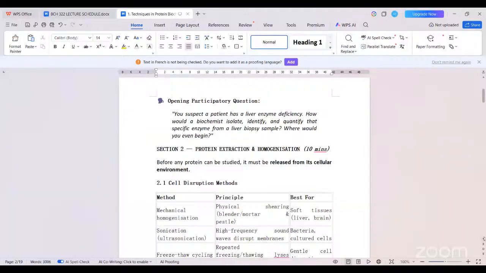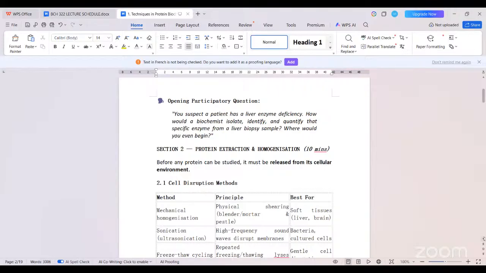Extraction is a method of releasing the cellular components from a cell. The cell wall is the envelope of all the cellular components of a cell. It envelopes, or you can say traps, all the components within a cell. So for us to get the protein of interest, the cell wall must be broken.